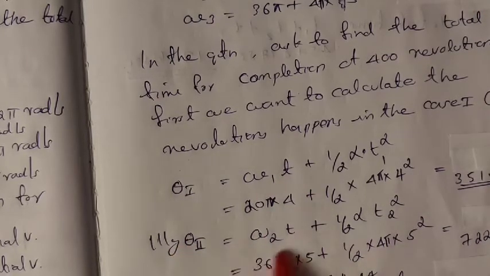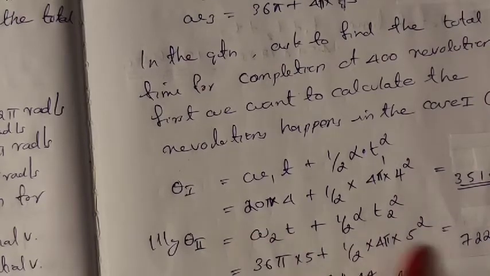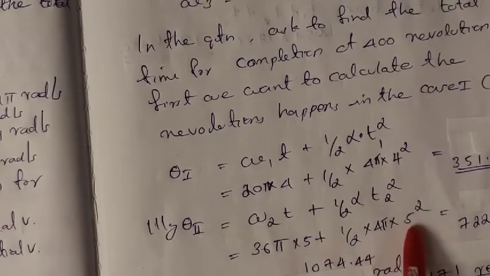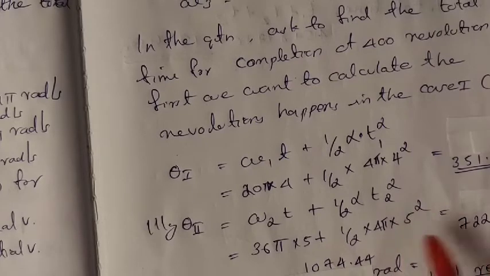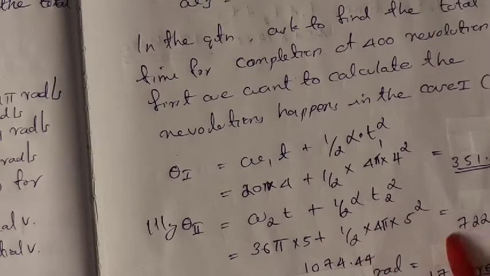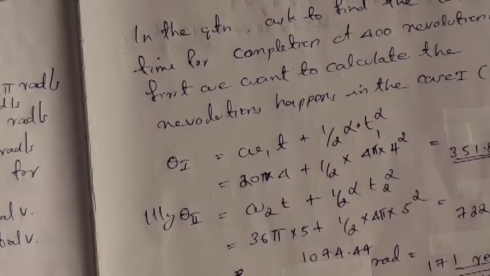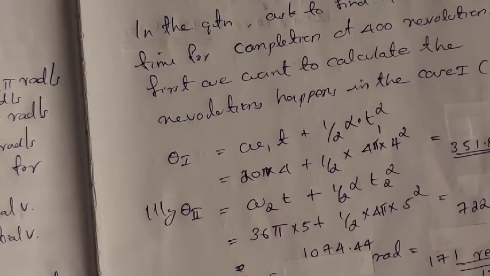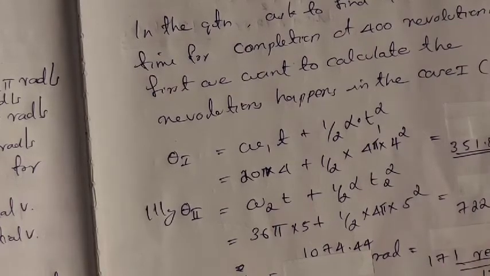Similarly for the second case, with omega 2 and alpha and t equal to 5, we get theta 2 as 722 radians. Theta 1 plus theta 2 is 1074.44 radians. Dividing by 2 pi converts this to 171 revolutions.